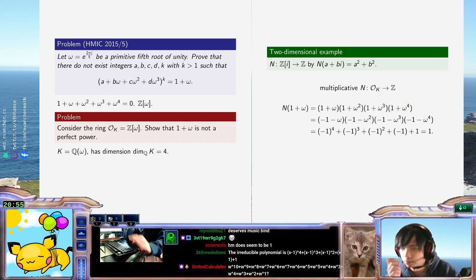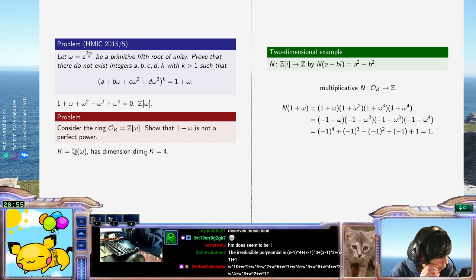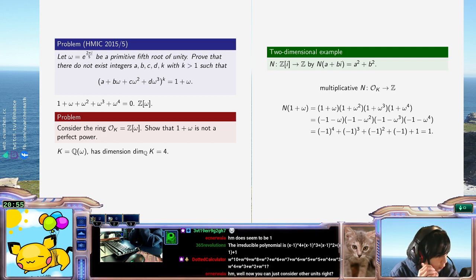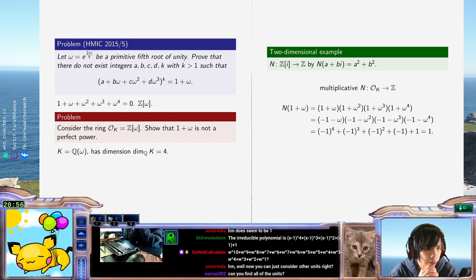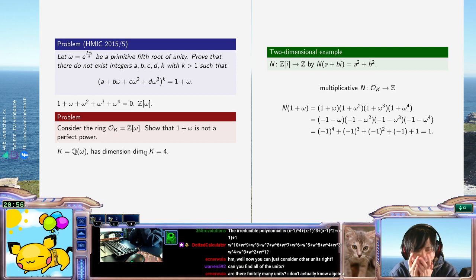That's not good if it's a unit. I can just consider other units, right? I could classify... Oh, jeez.